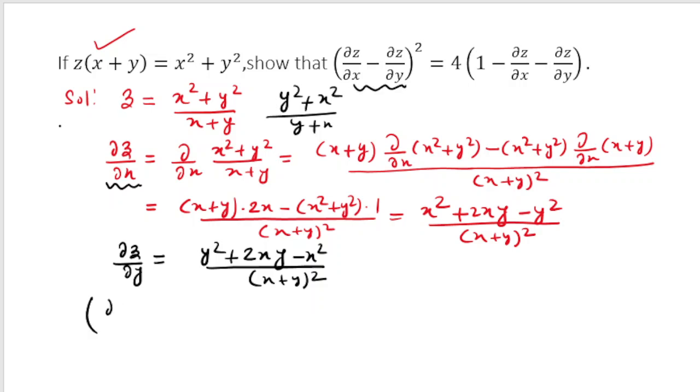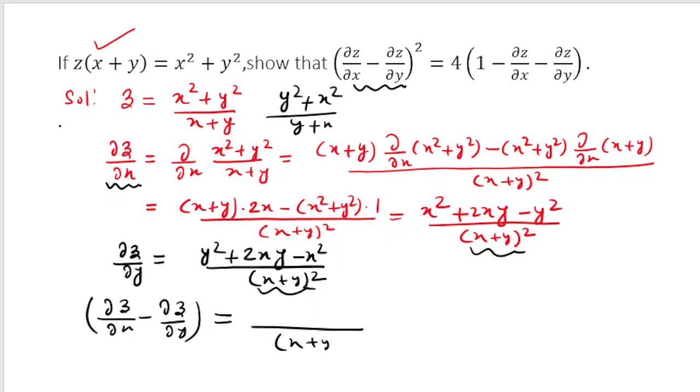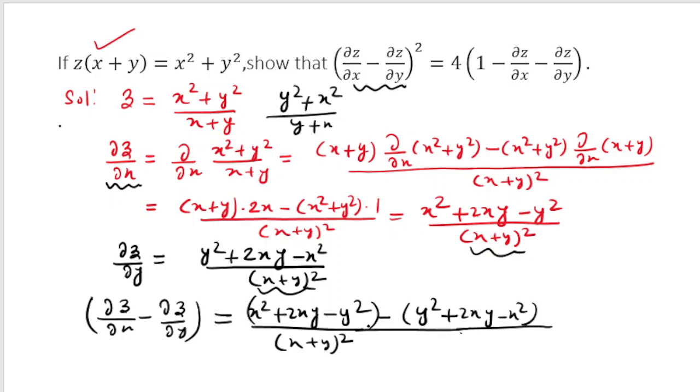To evaluate this term, I will write ∂z/∂x minus ∂z/∂y. So this will be this term minus this term. You can see the denominators are common in both, so I can take (x + y)² common, and then this numerator minus this numerator. So x² + 2xy − y², and then minus y², plus 2xy, minus x².